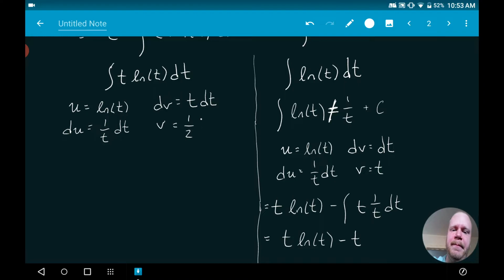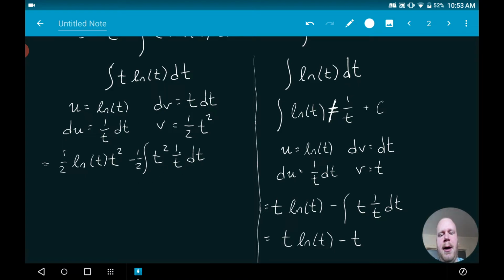So this is 1/2 t squared. That means that this piece is going to be equal to uv, so it looks something like that, minus the integral of v, so we'll put the 1/2 out here, du, and we see that it does cancel out nicely, so one of those t's can be removed.